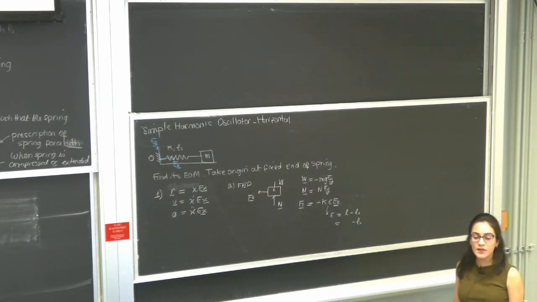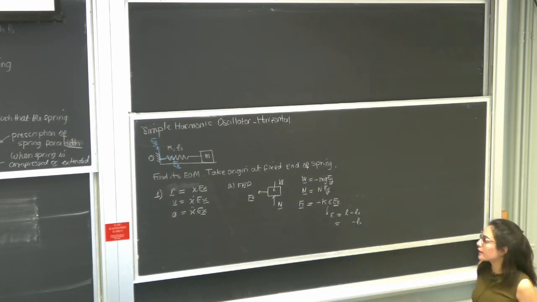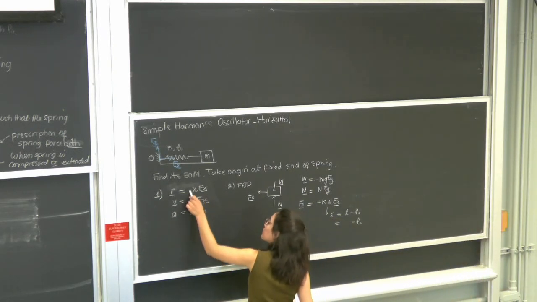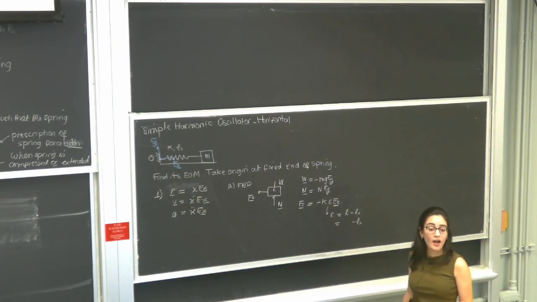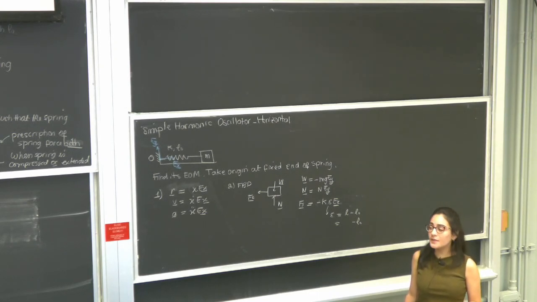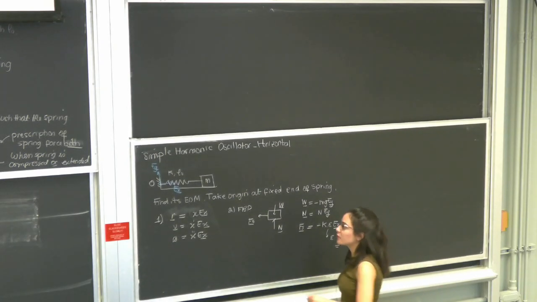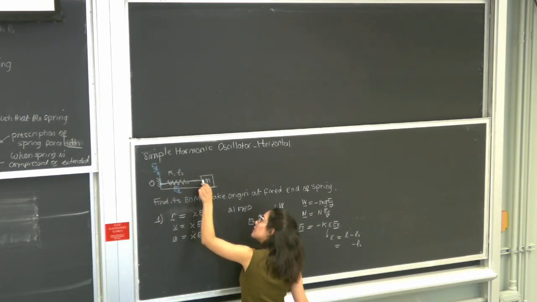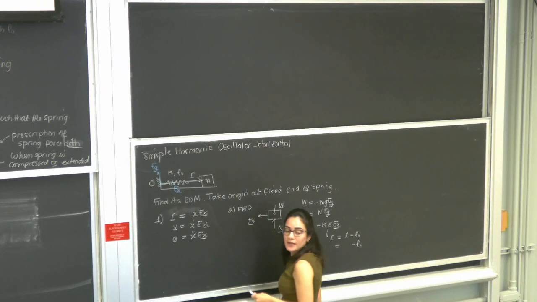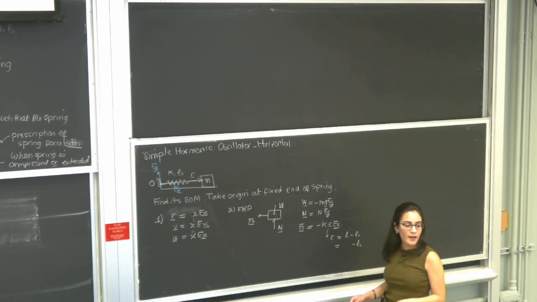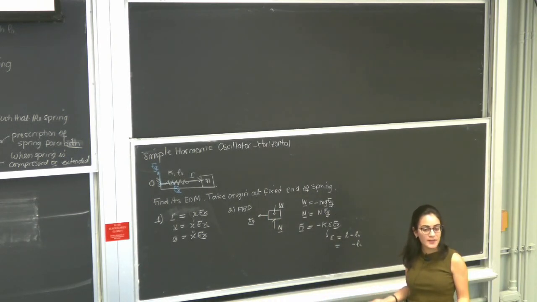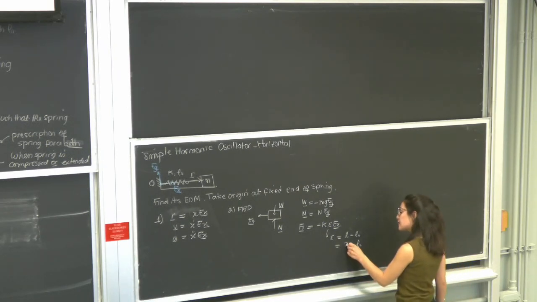Can I write L in terms of x, the current length of the spring in terms of x? This coordinate x here. Yes, how? That's going to be simple, right? This is my position vector to the mass m. Its length is x, right? Which is the same as the length of the spring. Does that make sense? Okay, so that's just x minus L0.